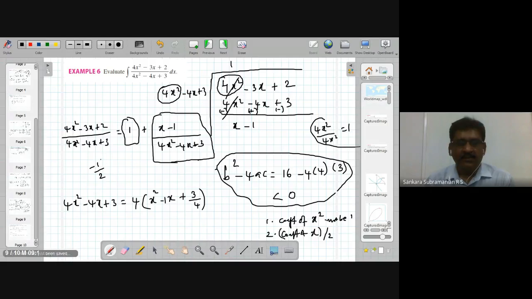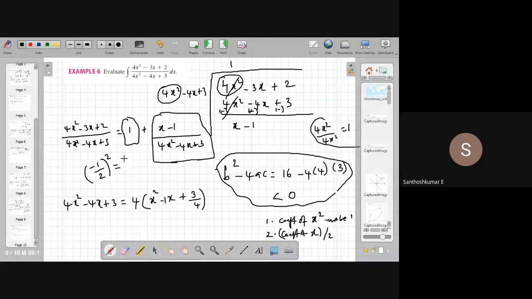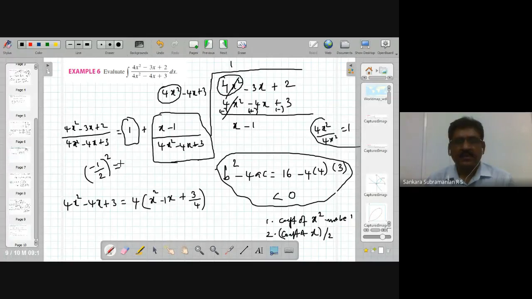வர்ற வேல்யூ வந்து ஸ்கொயர் பண்ணணும். வெயிட் பண்ணுப்பா. வர்ற வேல்யூ ஸ்கொயர் பண்ணணும், 1/4. ரைட்டா? இந்த வேல்யூ add பண்ணி subtract பண்ணணும். So this is equal to 4 times of x square minus 1x. எதை add பண்ணி subtract பண்ணணும்?